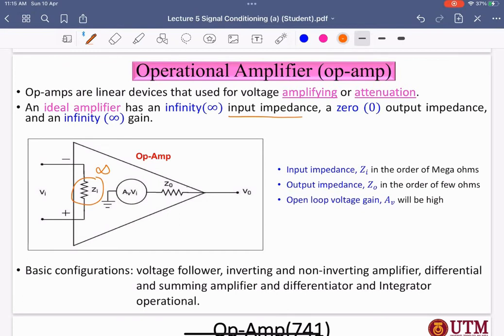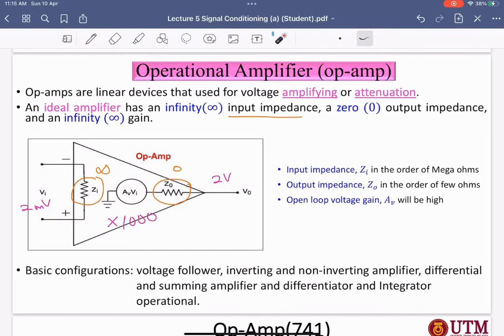So that means here it can be zero. Why? Because we don't want to lose anything from the input. For example, our input Vi, we put 2 millivolts. This OM, we configure the gain as 1000, so the output that we should get is 2 millivolts.